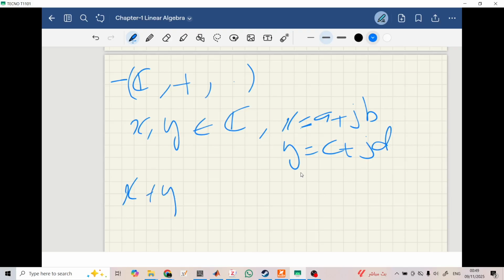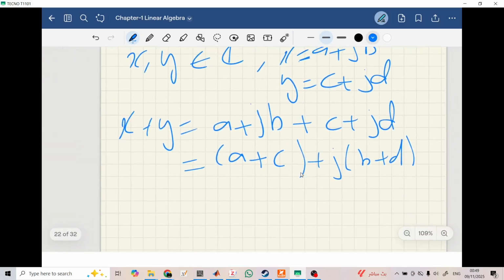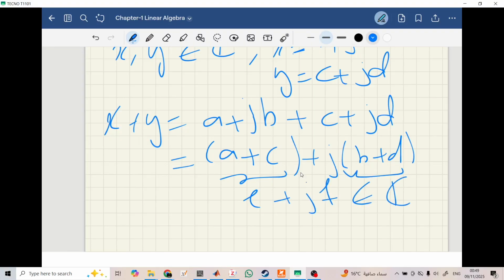Then x plus y equals a plus jb plus c plus jd, which equals (a plus c) plus j times (b plus d), right? So we can call this e plus jf, and this belongs to the complex numbers.